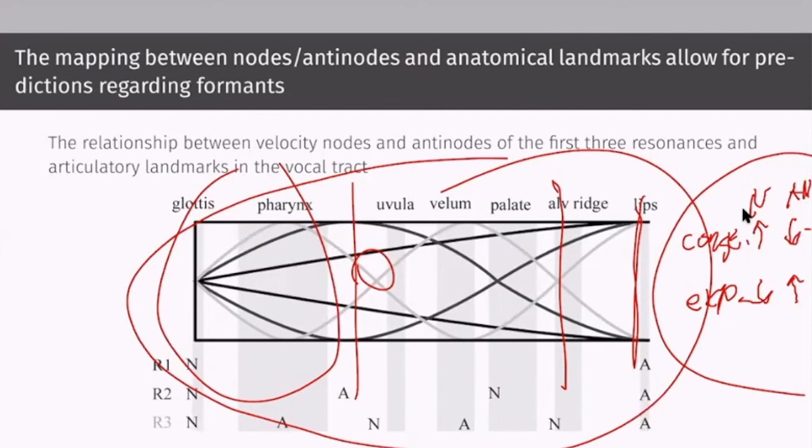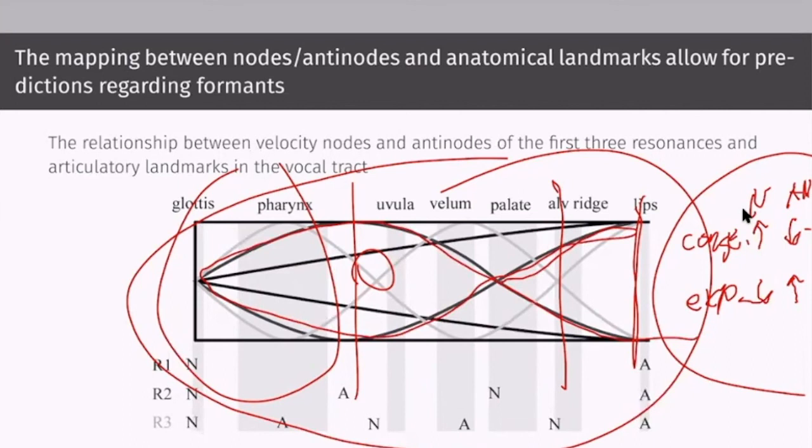So what this means, if you're looking at a spectrogram and you see a pattern with formants where F3 goes up and F1 goes down, and F2, here's F2 right here, F2 goes up just a smidge.